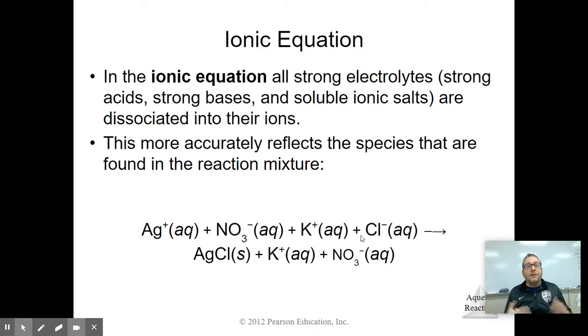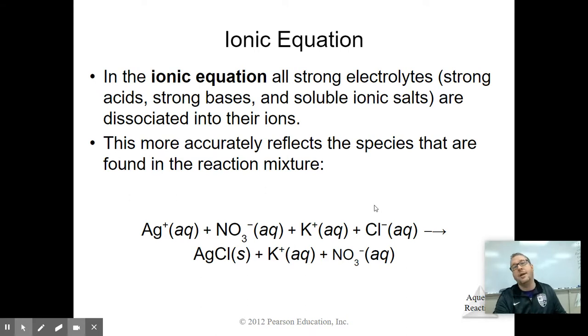First, we go from molecular, it's a two-step, a three-step, however you want to call it, process. We start off with the balanced molecular equation, and then we go into the ionic equation. In the ionic equation, all strong electrolytes, meaning strong acids, strong bases, soluble ionic salts, are going to be dissociated into their ions. Going back to this first bullet point, we said that there are 7 strong acids.